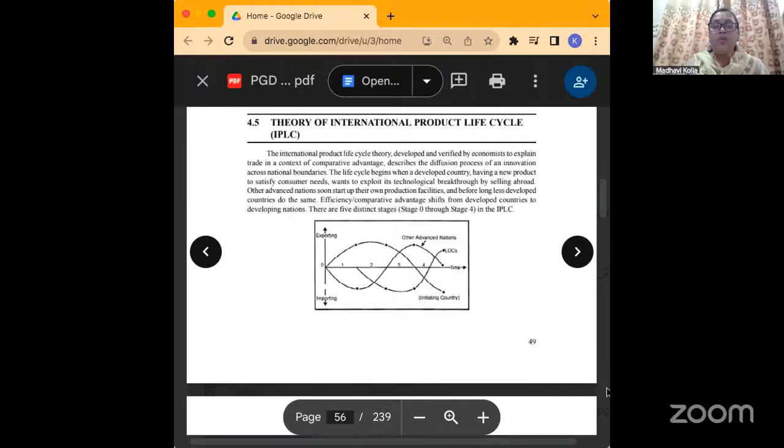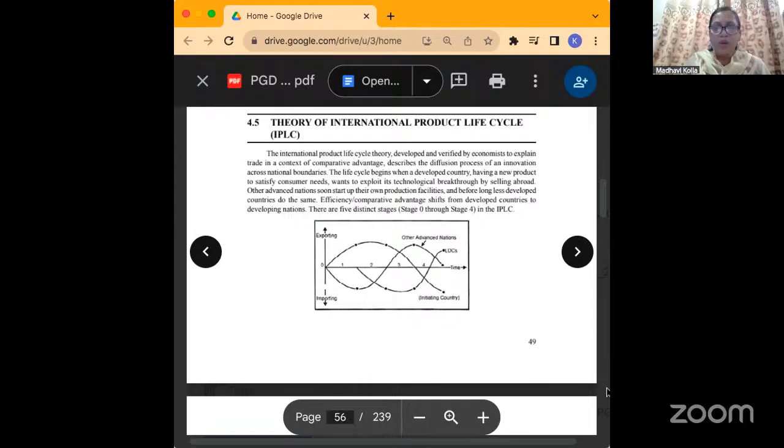And then we also have other advanced nations and how is our product working in that country. So this international product life cycle is not a replica of a domestic product life cycle. There are other factors that we need to consider, right from introduction, growth, maturity, and finally a decline stage.